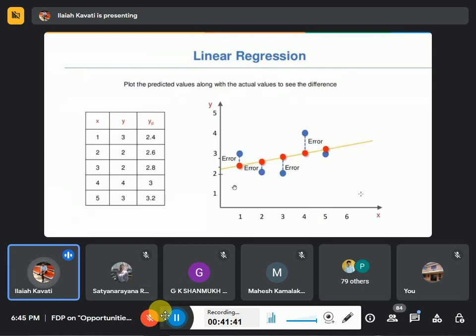Here x is the years of experience and y is the salary of the existing employees, the second column. We have 5 existing employees and these are their salaries. If a new joinee comes with 1 year, our model is predicting 2.4.